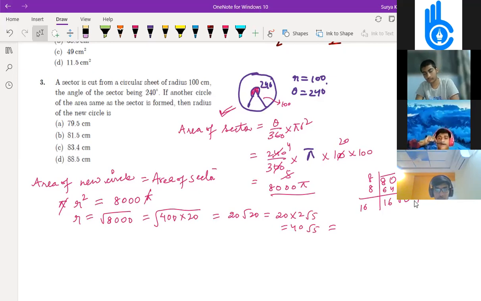Actually, this becomes almost 17, right? 17 table, 160, how many times will it come? 9 times or 8 times? 8 times, 17 table. So try 169, 8 you try, because 9 will not go. 168, 8 what will come?